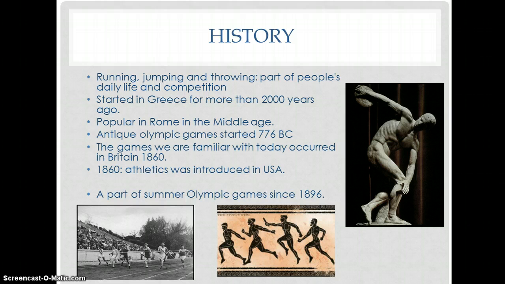The antique Olympic Games started in 776 before Christ, but the games we are familiar with today occurred in Britain in 1860. In the same year, athletics was introduced in the USA. Athletics has been a part of the Summer Olympic Games since 1896.